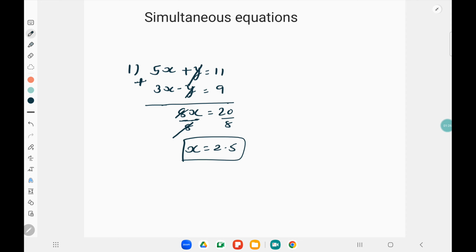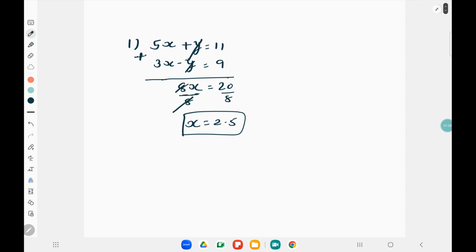So to find the y value, we can take either equation. So we take this first equation. Okay, 5 times the x value, which we now know. So we are no longer going to write x, but we write the x value 2.5. So 5 times 2.5 plus y equals 11.